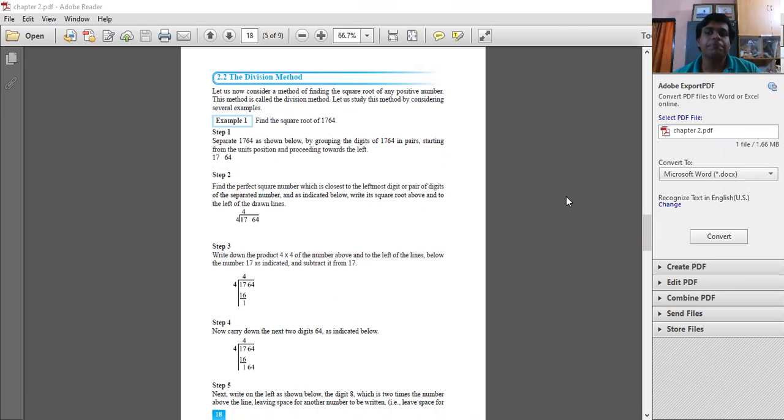The division method, this is a good method because you saw that without a calculator, knowing the closest squares between 1070 and 1033 was really hard.